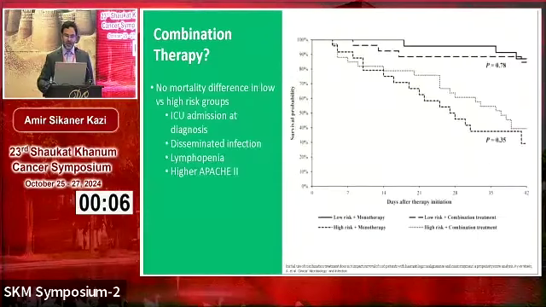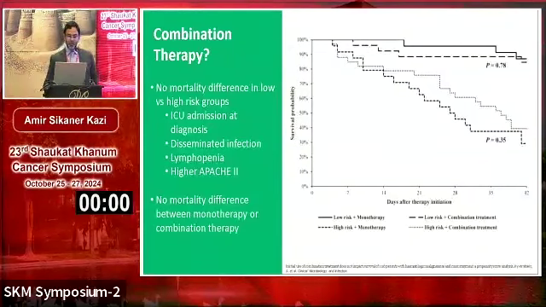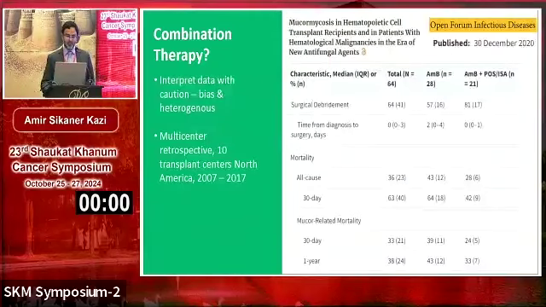Similarly, they divided into low risk and high risk groups. And even in the high risk group, which were quite sick, ICU admitted patients, disseminated, higher APACHE scores, they again found no difference in mortality between monotherapy and combination therapy as initial therapy.